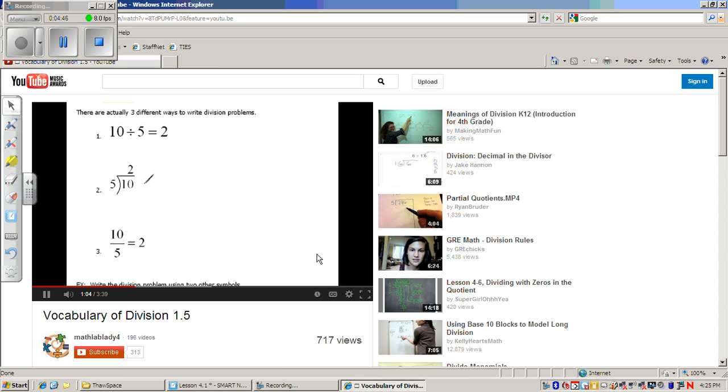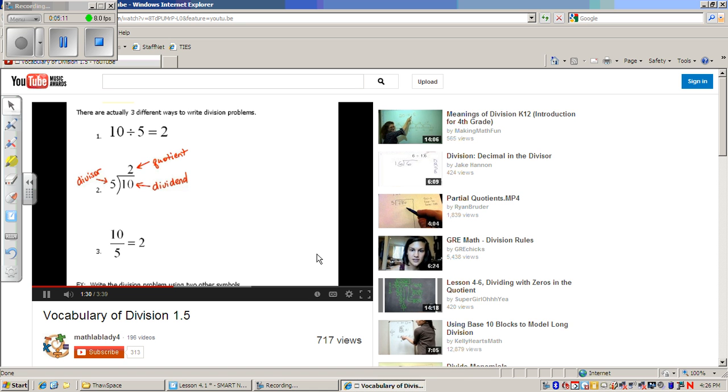But our items still have the exact same terminology. The number underneath that little housetop is still called the dividend. The number on the outside, or what you're dividing by, is still called the divisor. And your answer there is still called the quotient.